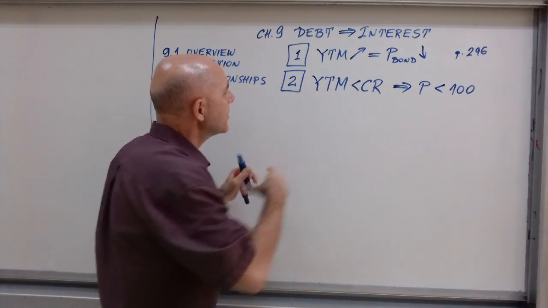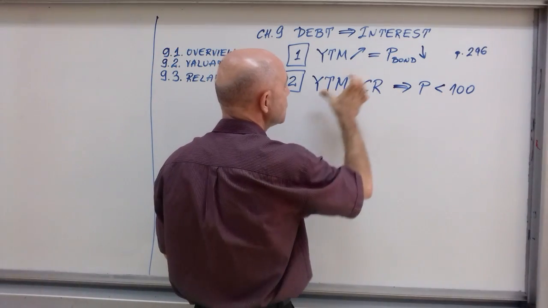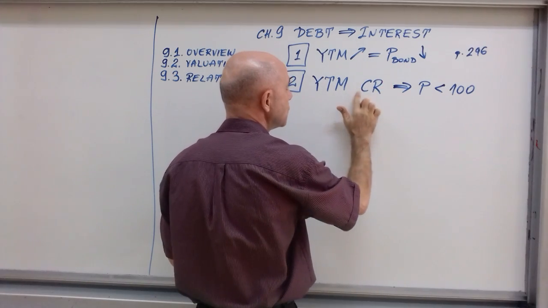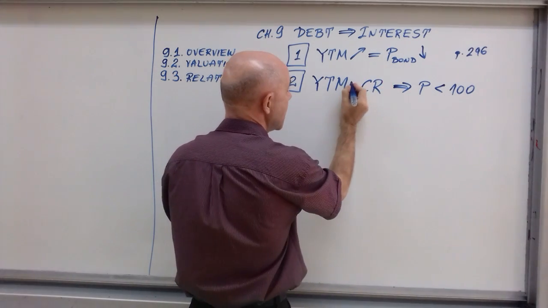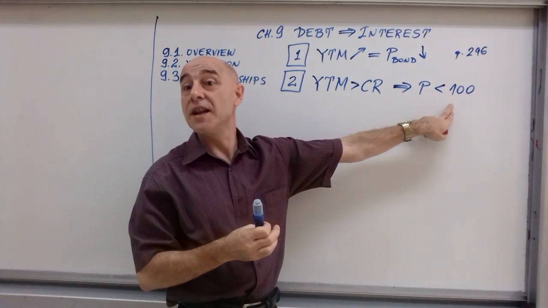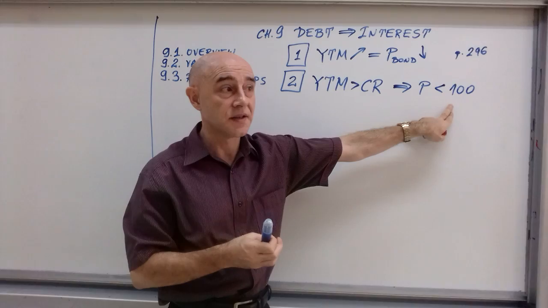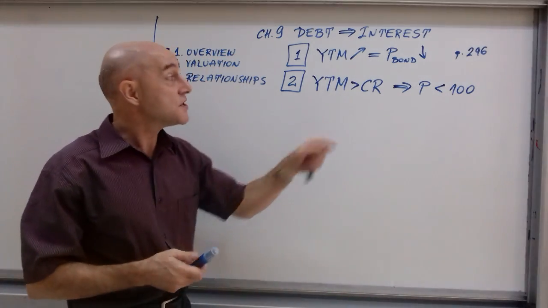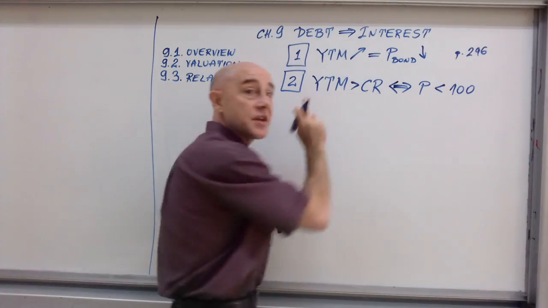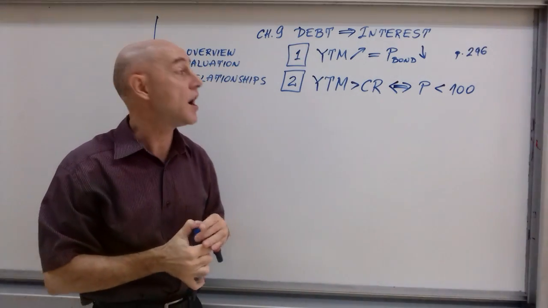Whoa, wait a minute. Why right here less? Yield to maturity is less. If the yield to maturity is higher, the price is less. Sorry, guys. The opposite is true. If the price is less than 100, the yield will be higher.